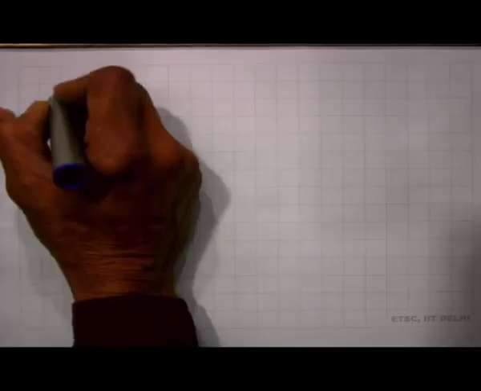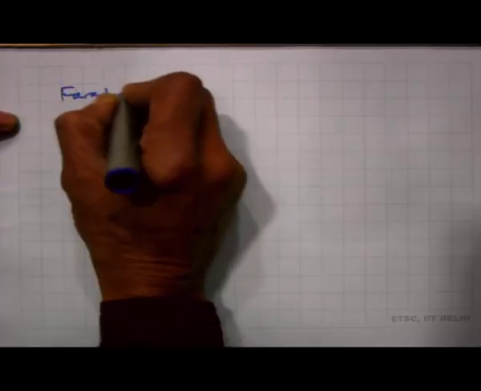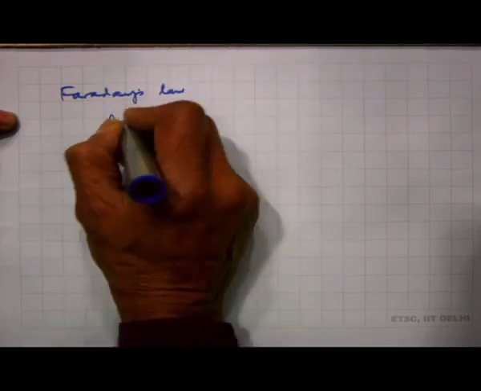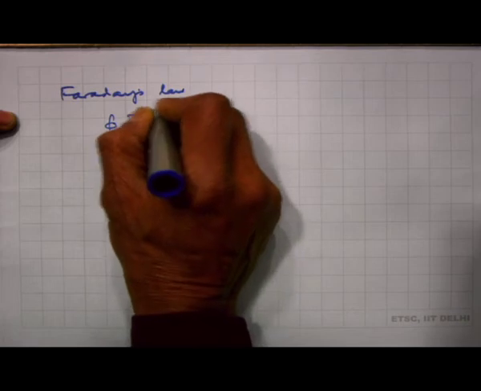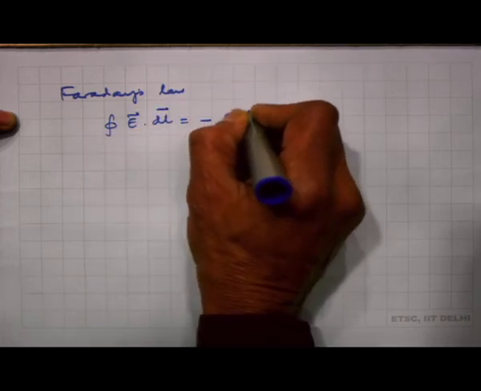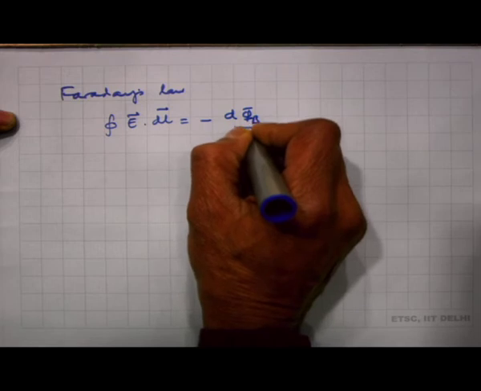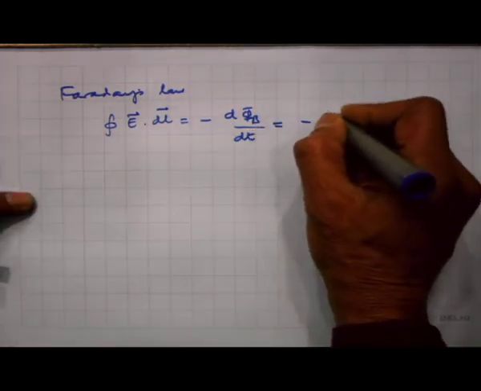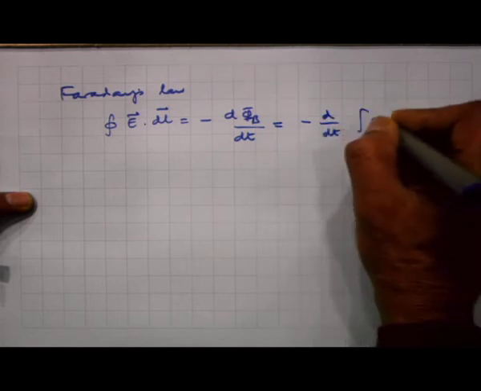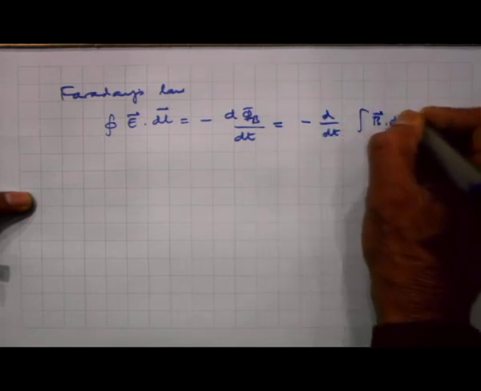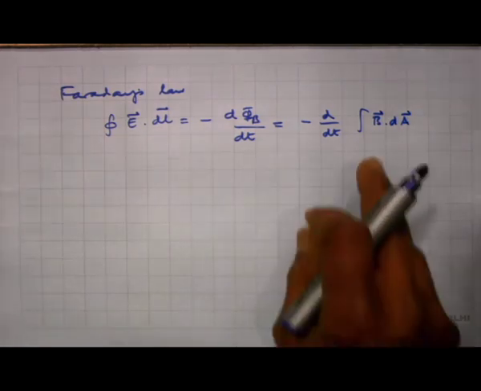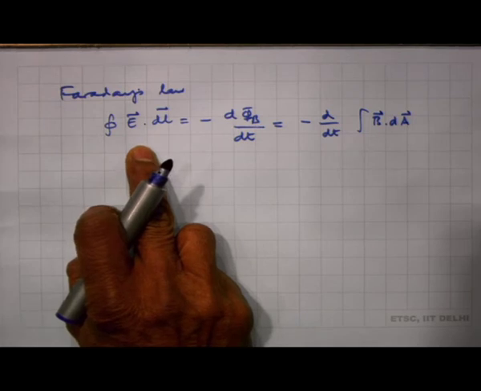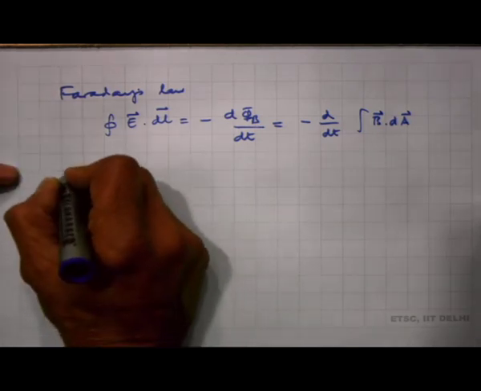So, in Faraday's law we obtain this equation: integral E dot dl is equal to minus d phi B by dt, the rate of change of magnetic flux, which is equal to minus d by dt of integral B dot dA. Time rate of change of magnetic flux leads to an electric field. Modified Ampere's law.